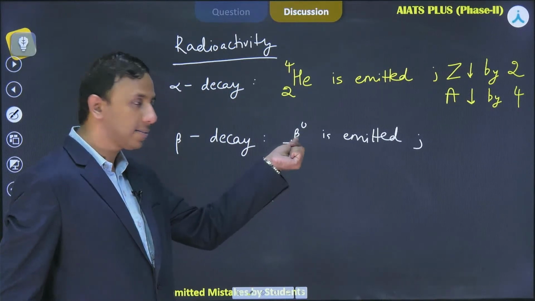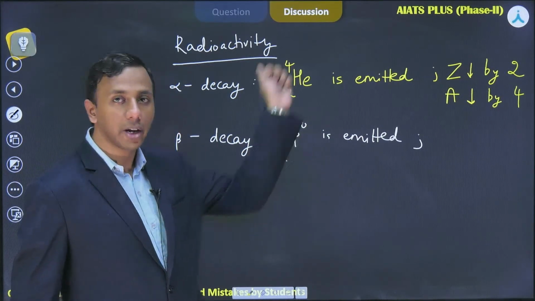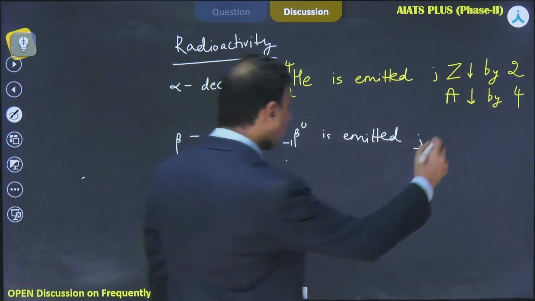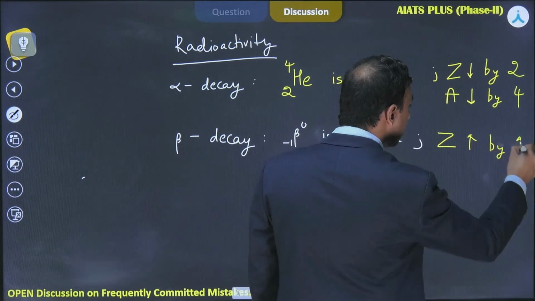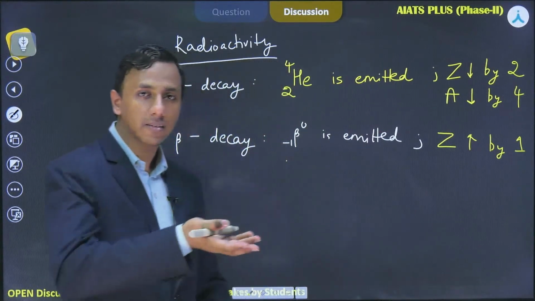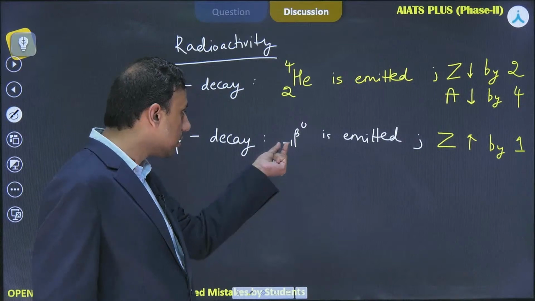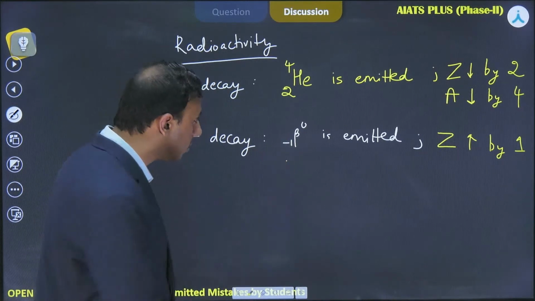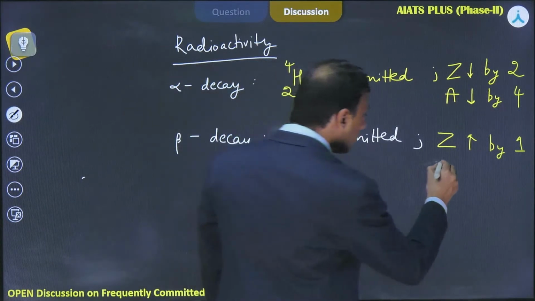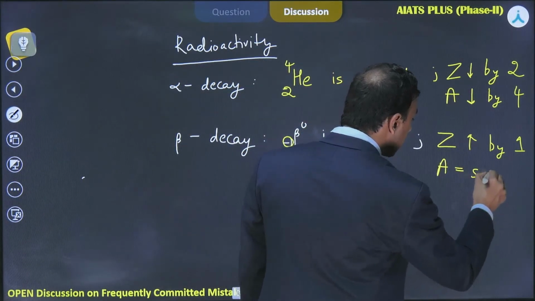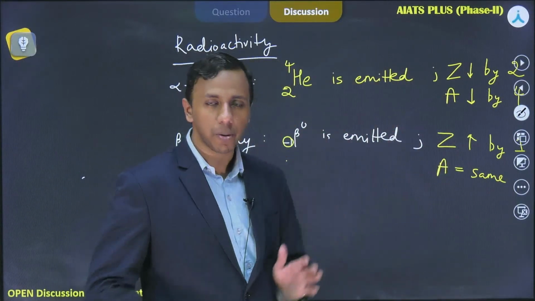This particle has the same charge as an electron, so the Z of the other nucleus increases by 1. Why? Because this particle with a charge of -1 is emitted along with it. Now what about mass number? Mass number remains the same. With this much information, you would be able to do that question.